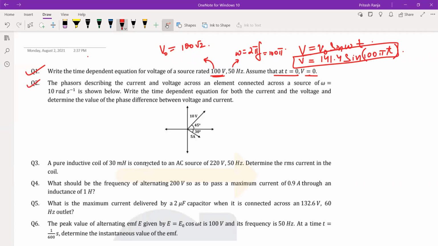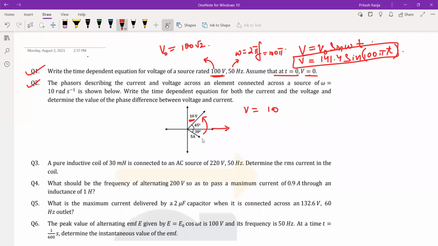Number 2, you have to write the time dependence equation. This answer can differ; one can write for V and then get for I. But we will follow the normal trend, considering this direction and this as the reference line. 10 volt is given, and with respect to this you have to determine the phase difference between the voltage and the current.